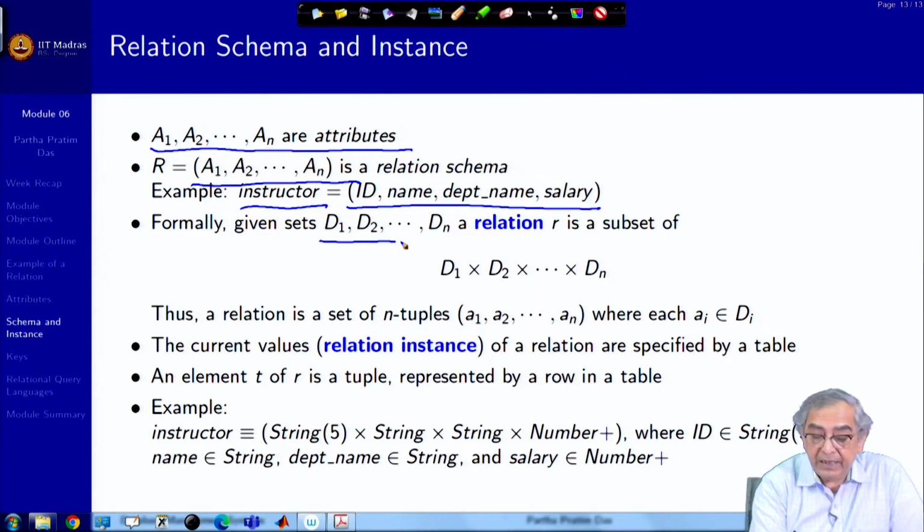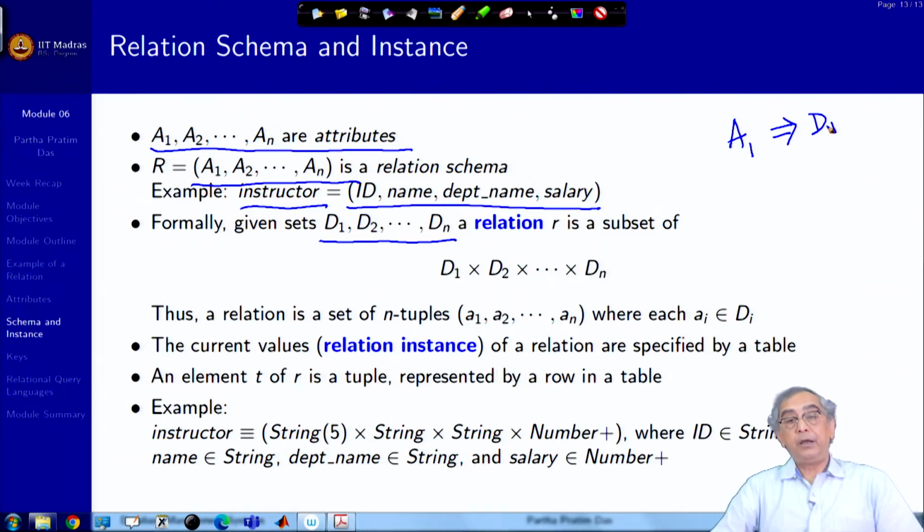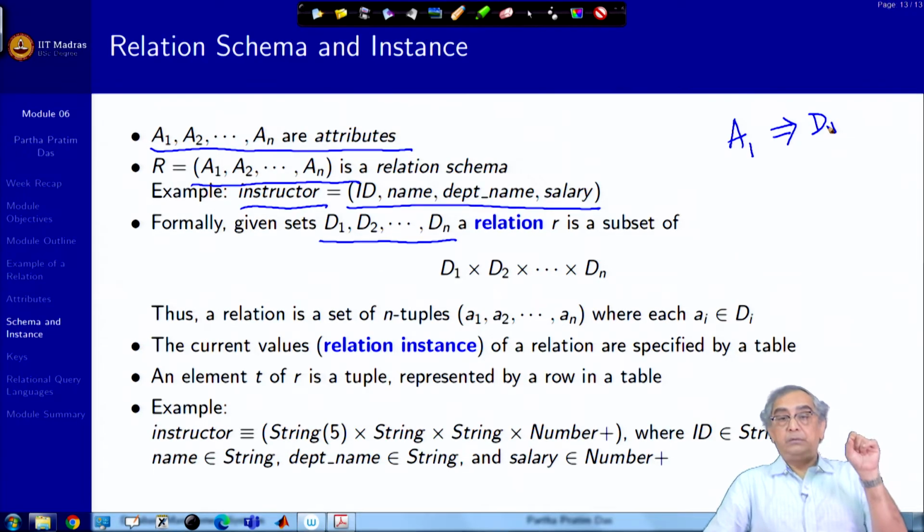Now, if we say D1, D2, Dn are domains of the respective attributes, so A1 has a domain which is D1. That is, for the attribute A1, given the type, I know what are the universal set of values that can happen. So, any value for the attribute A1 has to come from this D1 set. That is the basic point.